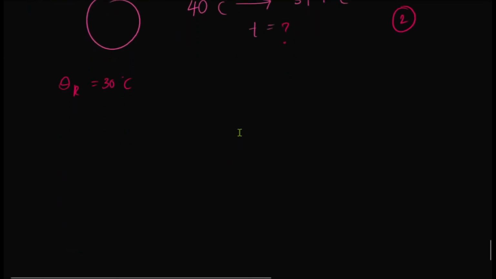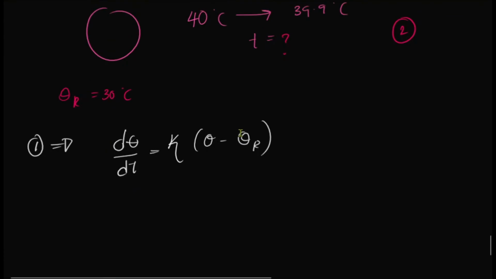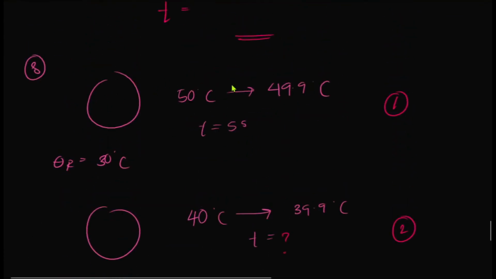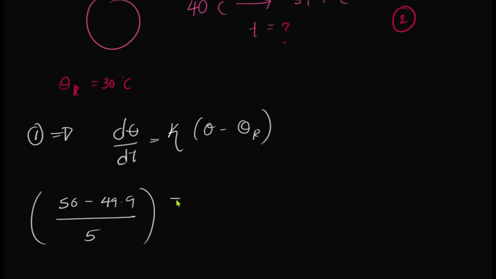For the first instance, let us apply the equation d theta over dt equals k times theta minus theta r. What's the temperature change d theta? For the first instance, d theta is 50 minus 49.9, divided by the time taken, 5 seconds, is equal to k.